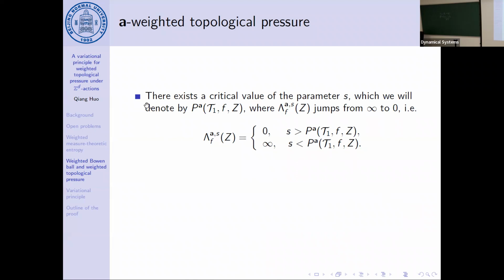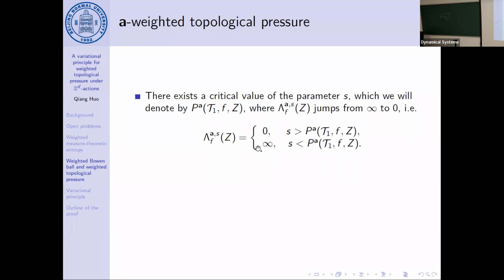And there exists a critical value of s, which we will denote by P, such that this measure jumps from infinity to zero. That is, if s is bigger than this critical value, then the measure is zero. And if s is smaller than this critical value, then the measure equals infinity.